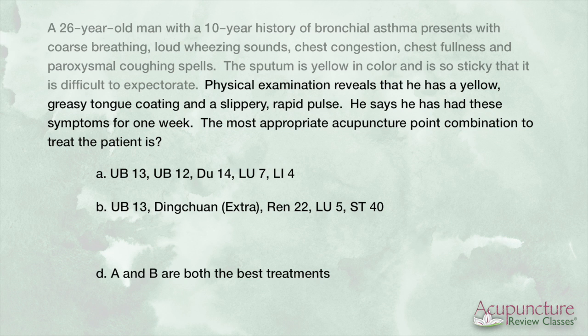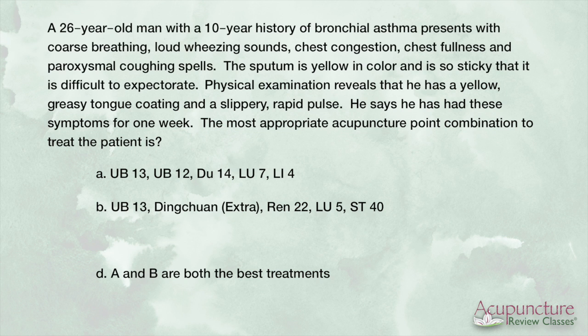So we're going to go back and look, and he has a long case of bronchial asthma with coarse breathing, chest congestion, paroxysmal coughing spells. The sputum is yellow and so sticky that he wants to expectorate. So physical examination reveals his yellow greasy tongue coating, which we already talked about. And so are we going to choose answer A and answer B?